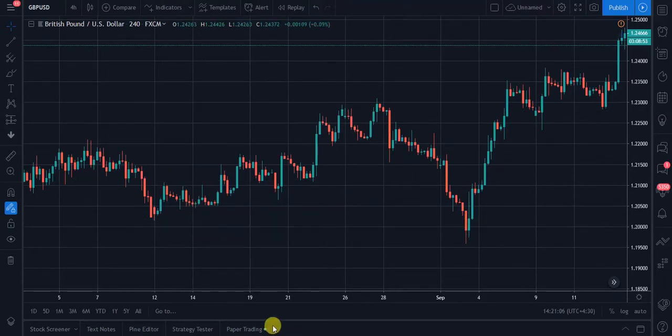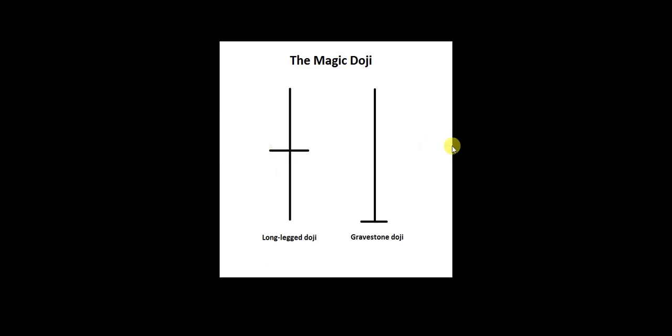Okay, here is what I am showing you. The first one is the doji, like this plus-type doji. The price opens here and closes here, and this is the type of doji called the long-legged doji.